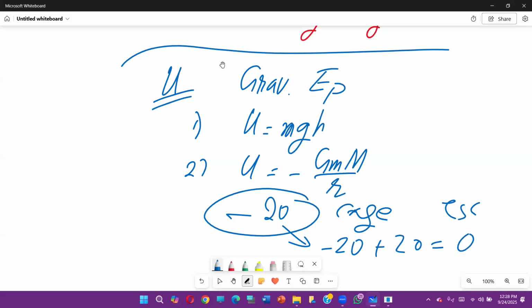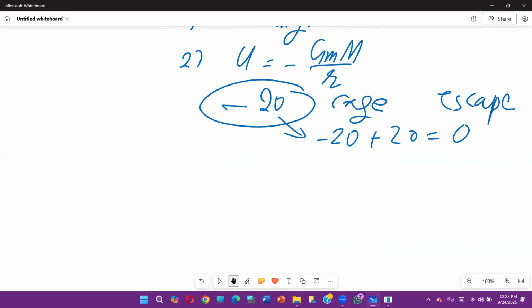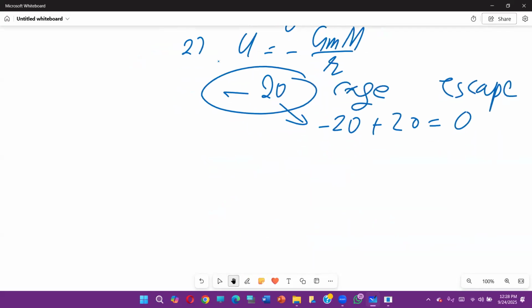Then after this energy, you can escape. People always talk about escape as a word because escape means that you can go out of the gravity of that particular field. Now this is the universal gravitation concepts.